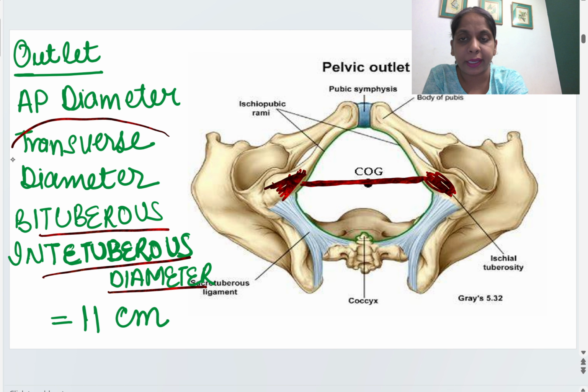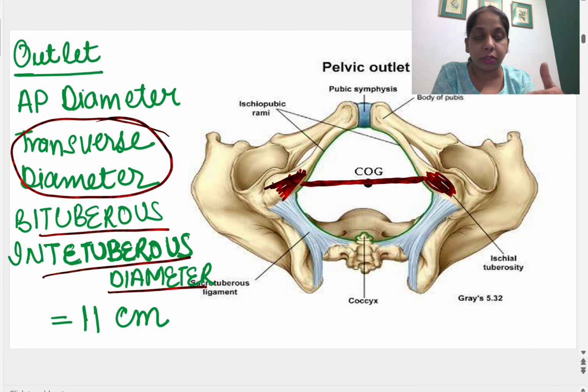Only in the inlet the anterior posterior or the conjugate diameter was important. In the cavity also the transverse diameter, the interspinous diameter, was important, and in the outlet also the transverse diameter is important. And which transverse? Bituberous or intertuberous, the one between the ischial tuberosities.